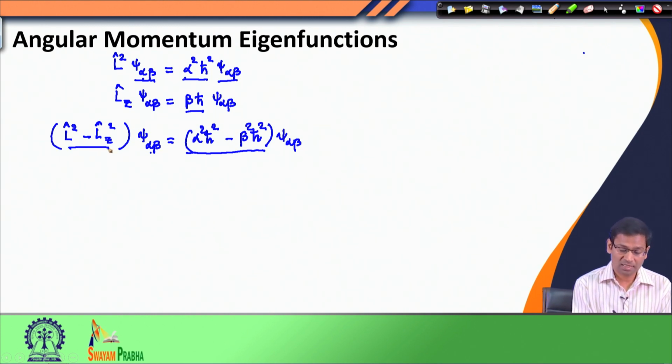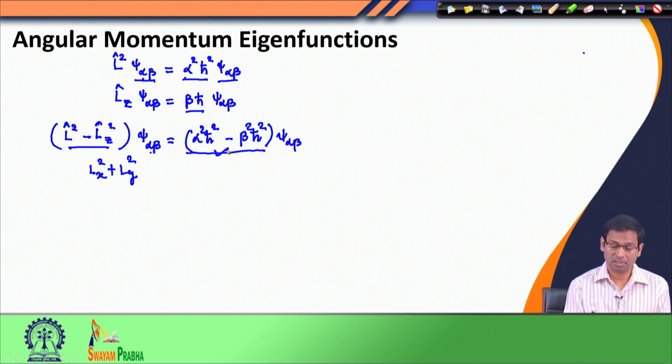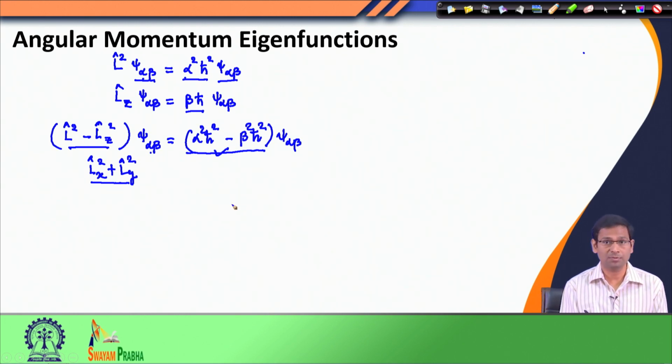But when I look at this operator, I know that L square minus Lz square is simply Lx square plus Ly square. So, this eigenvalue is actually the eigenvalue of the Lx square plus Ly square operator. I know Lx is a Hermitian operator, and Ly is a Hermitian operator. Since they are Hermitian, their eigenvalues are real, positive or negative.